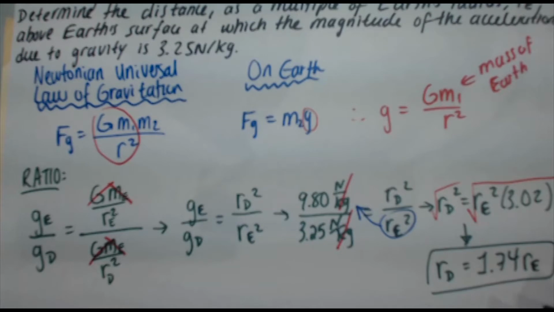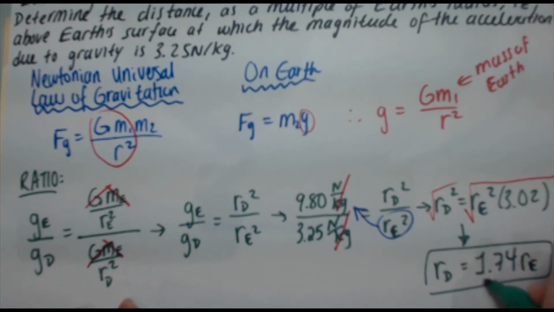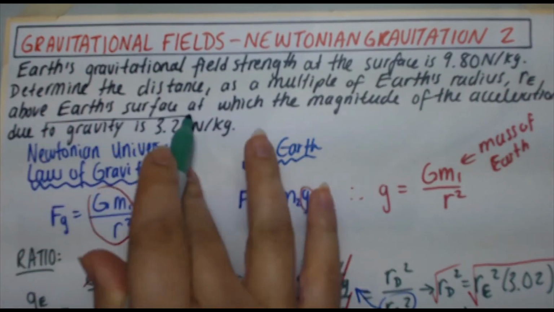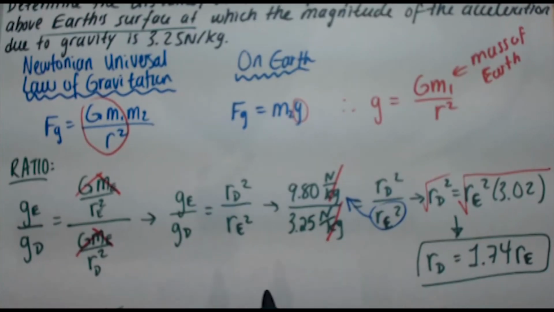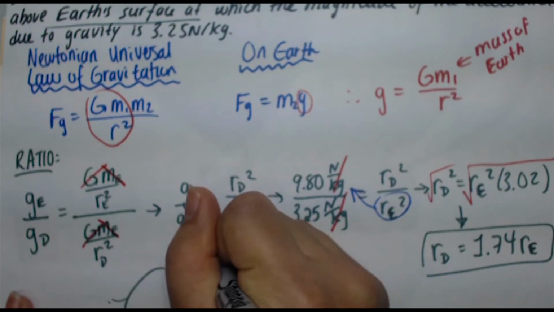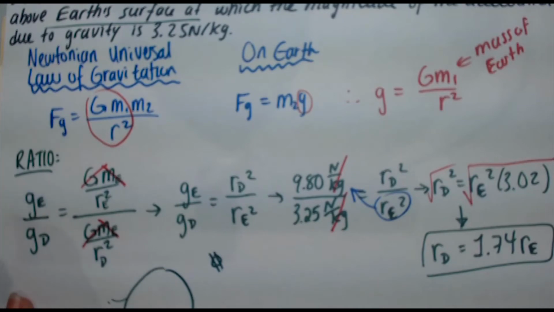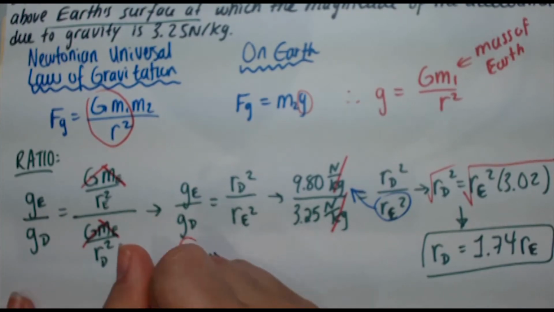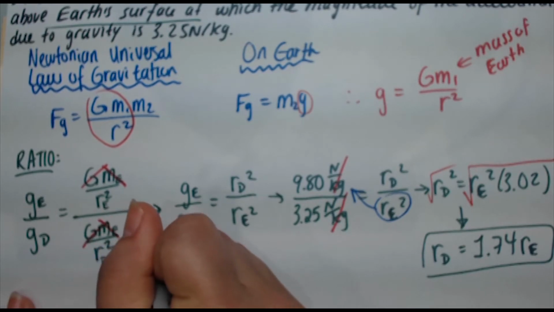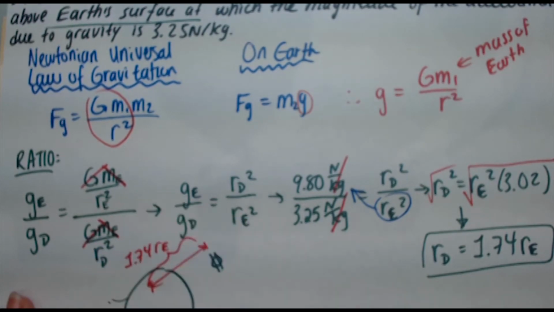Okay, in other words, this is the distance from the center of the Earth, right? 1.74 re. The question says, determine the distance above Earth's surface, right? So here's the thing. If you've got the Earth and you've got the satellite, we know that this total distance here is 1.74 re.